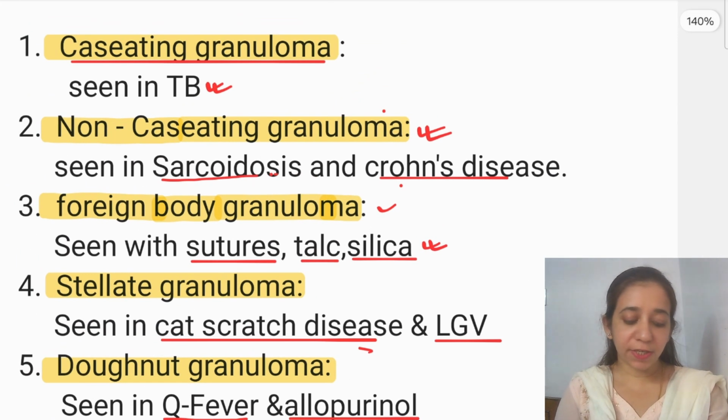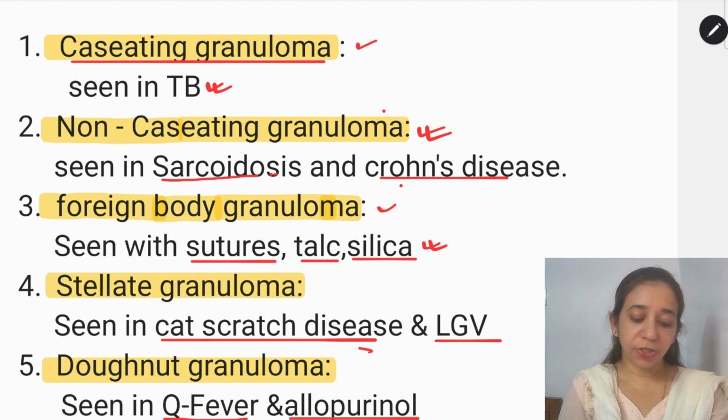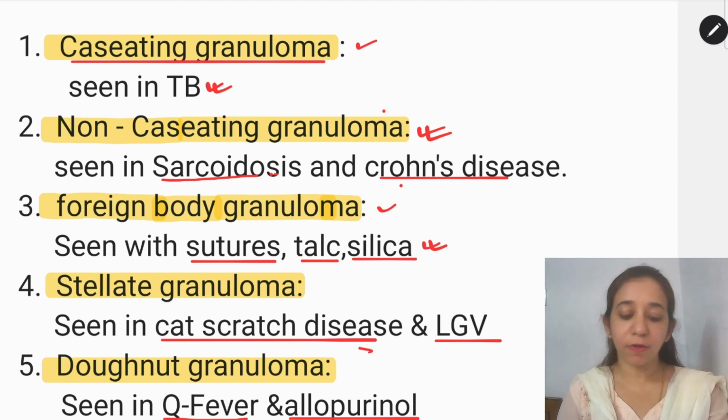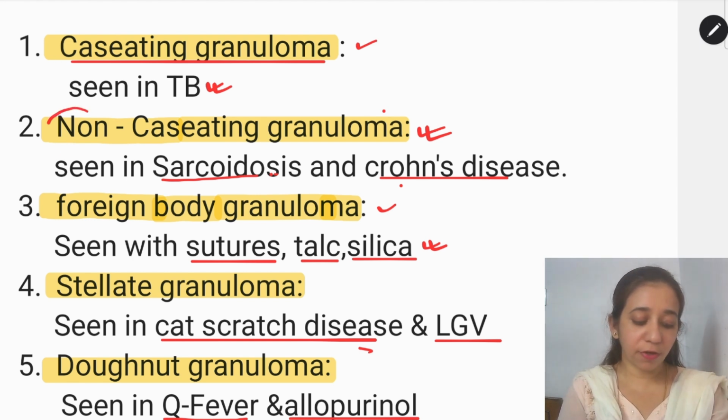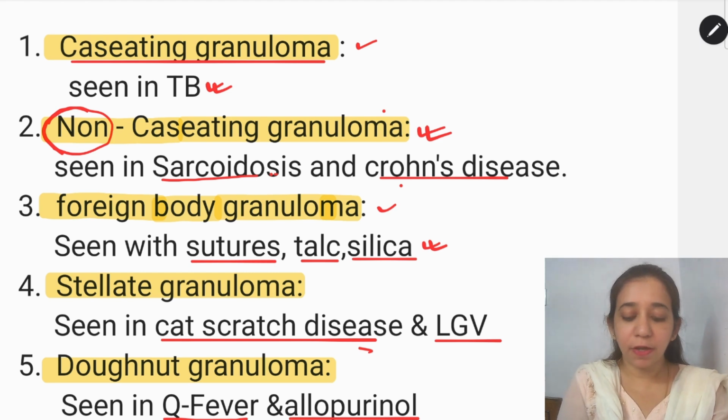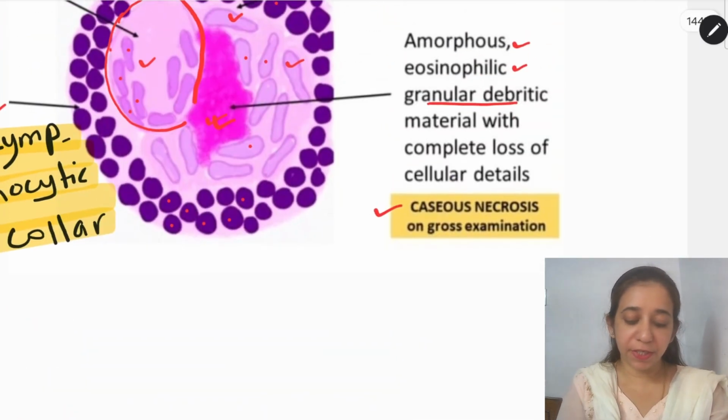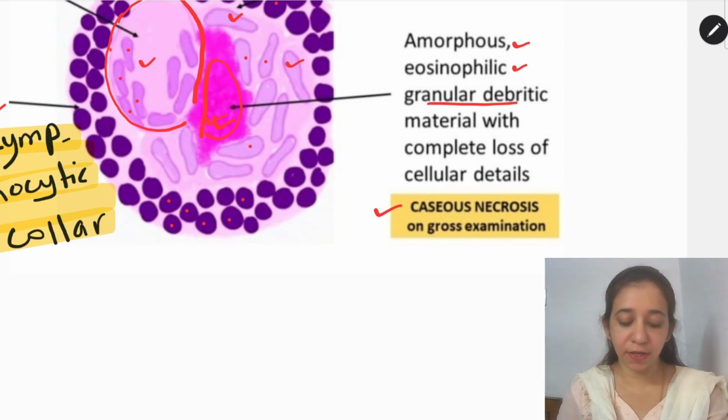So what is the difference between the caseating and non-caseating granuloma? In case of caseating granuloma, this pink material at the center is present, and in case of non-caseating granuloma, this central pinkish or eosinophilic material is not present.